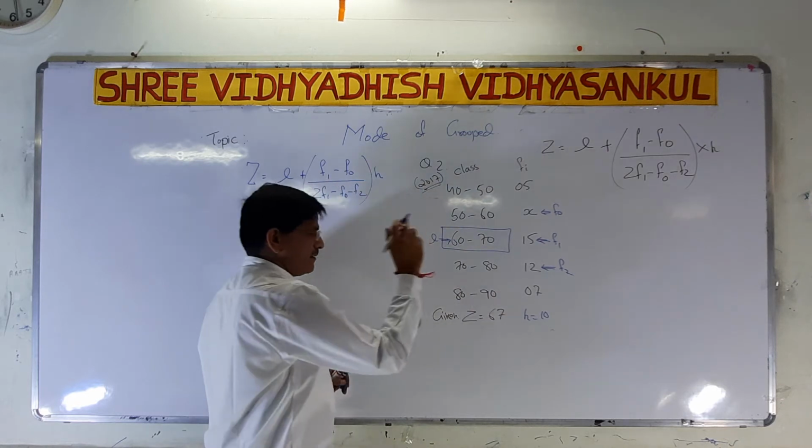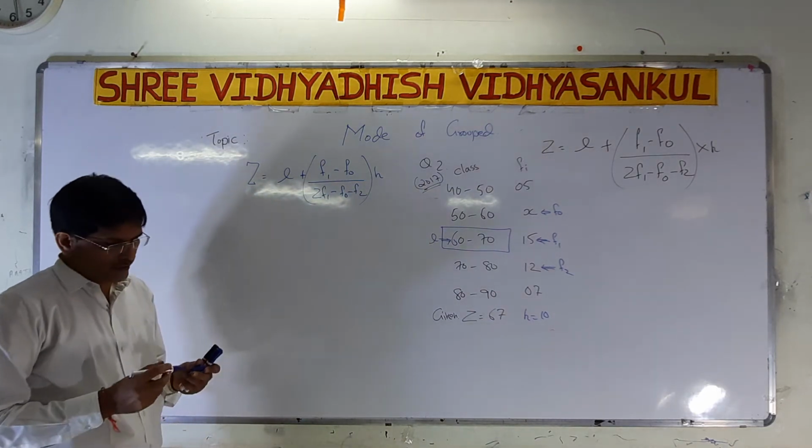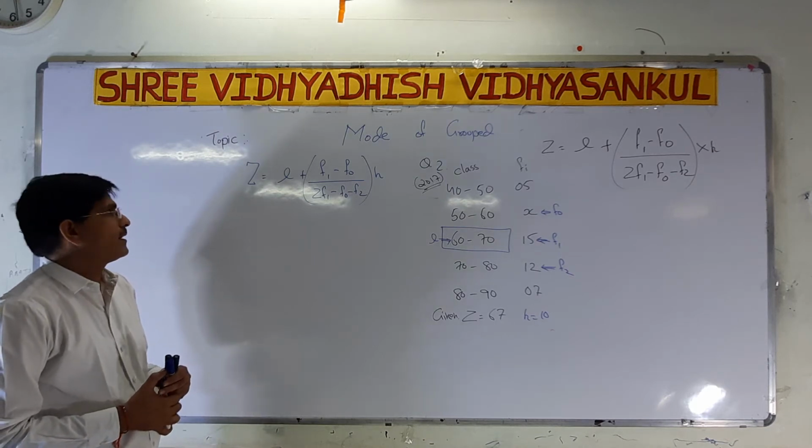Z is given, that is 67. If we put all the values together here, we can get the answer.